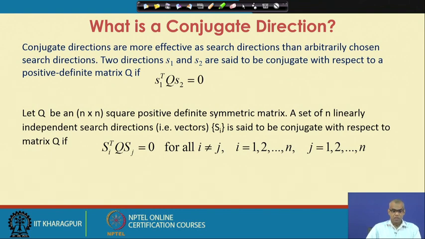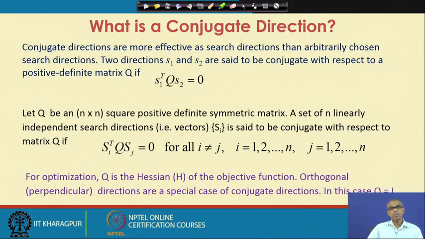That means you take any two different search directions from the n linearly independent search directions, take the product Si transpose Q Sj, and check if this is equal to 0 or not.